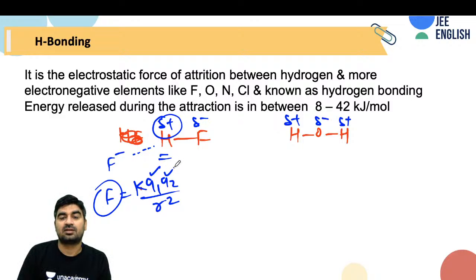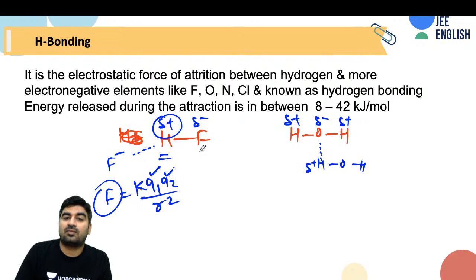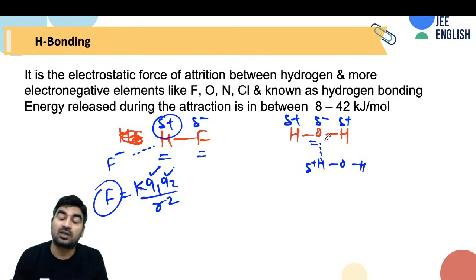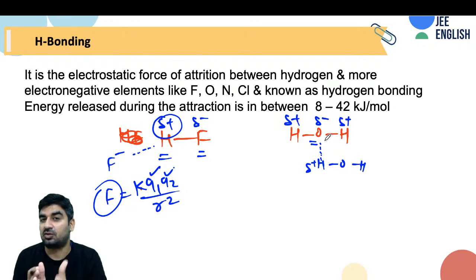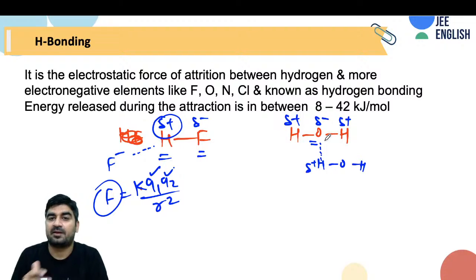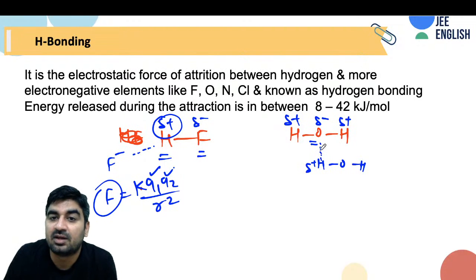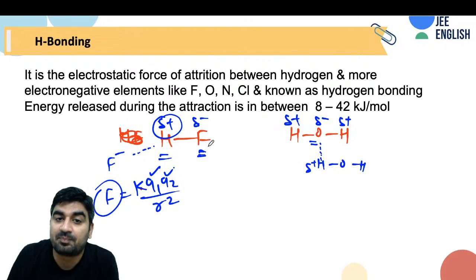Can you tell me? Similarly here, if I'm taking another H2O, this is delta positive. Out of fluorine and oxygen, which one is more electronegative? Fluorine is more electronegative, so the charge developed at this point will be more.